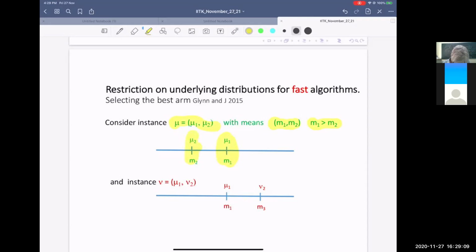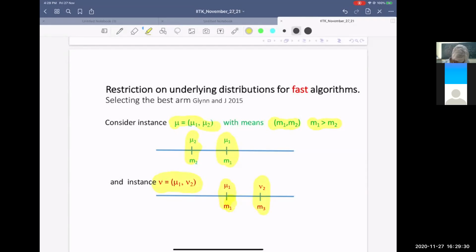Now it has to make sure that the data it's seeing is not coming from another two arms, nu1 equal to mu1 and nu2, where the first arm is the same as before, but the second arm, nu2, is another distribution in the universe that I'm considering, whose mean is higher than M1.